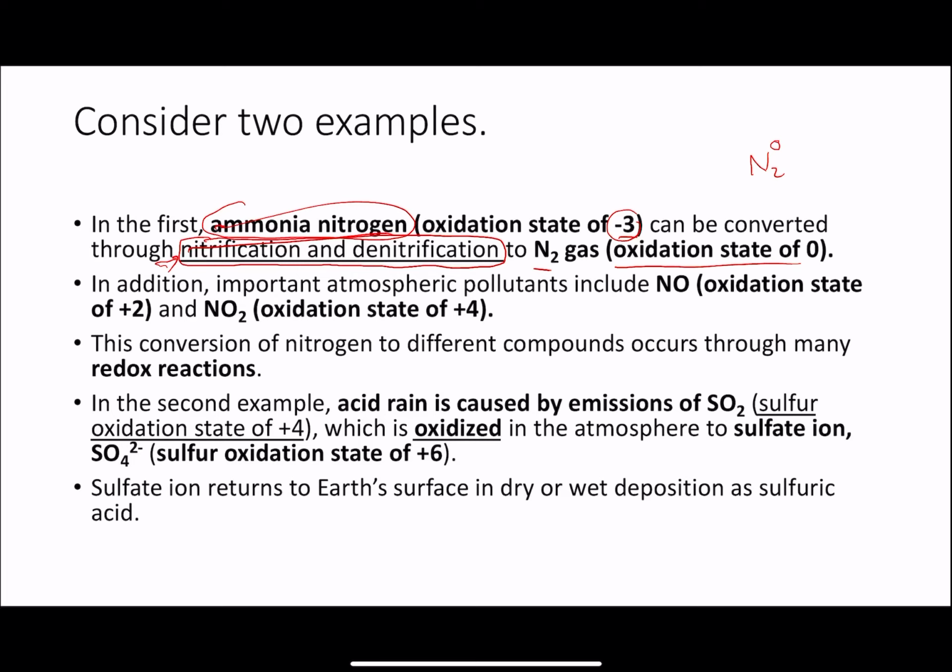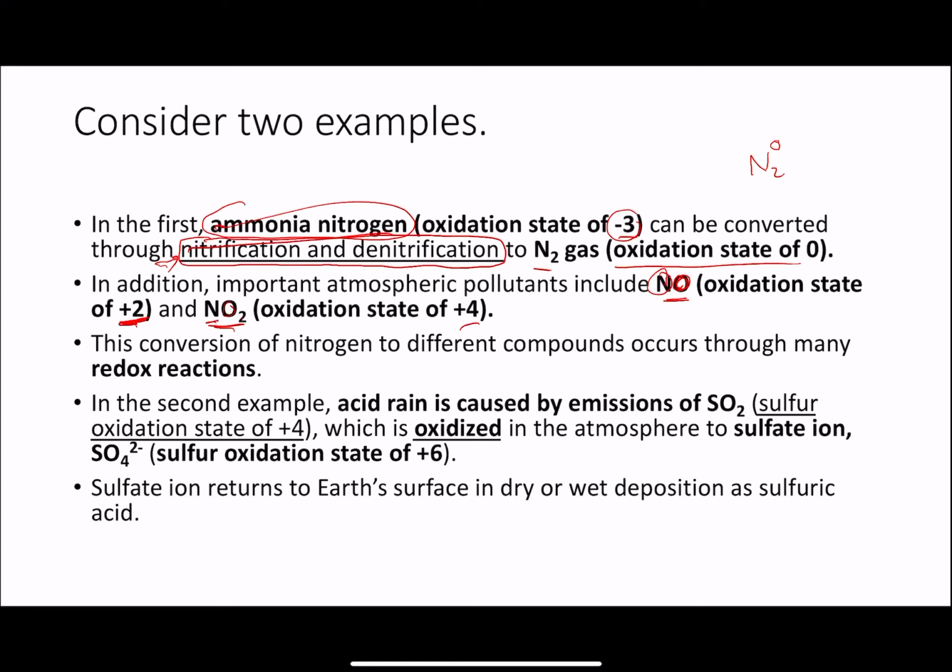In addition, there are important atmospheric pollutants, which include NO. If you look at this, remember oxygen is minus 2, so this N is plus 2. So the oxidation state of N here is plus 2. And remember NO2, 2 times minus 2 is minus 4, so this N is plus 4.